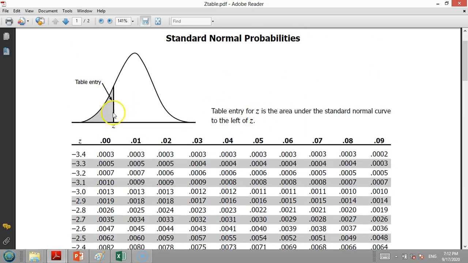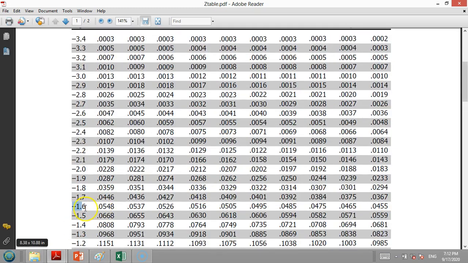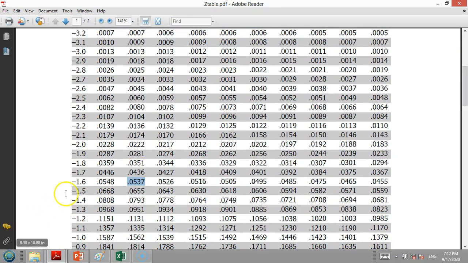You look at where z is negative 1.61, and the precision is right here on top. So negative 1.61 is 0.0537.